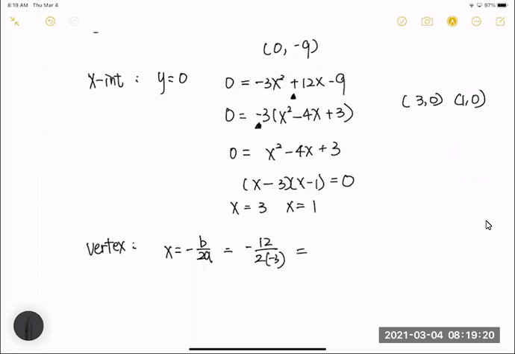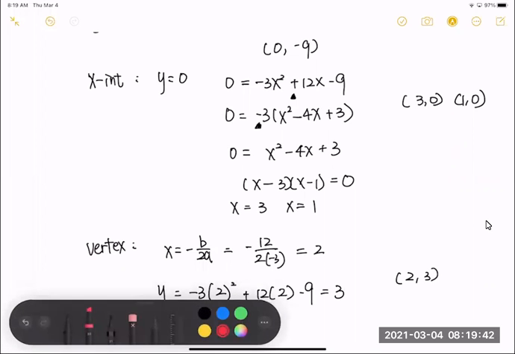So 12 divided by 6 equals 2. And then for the y-coordinate, you substitute the x-coordinate into the equation. We will end up with 3. So your vertex should be 2 and 3.